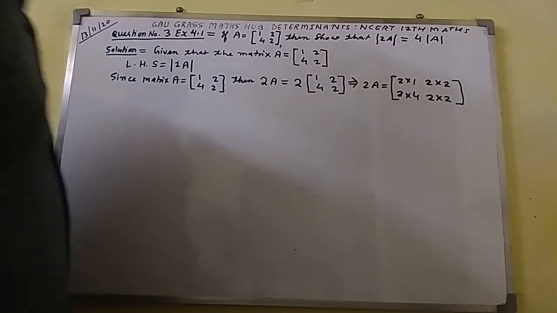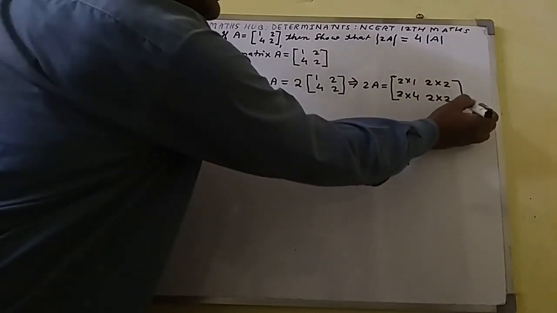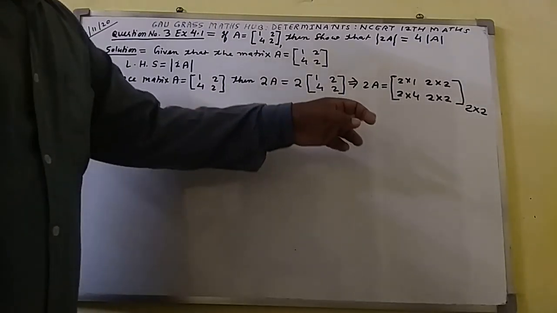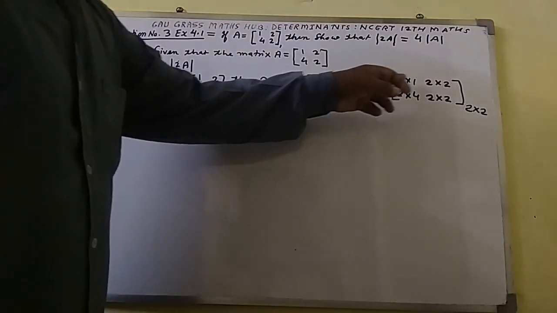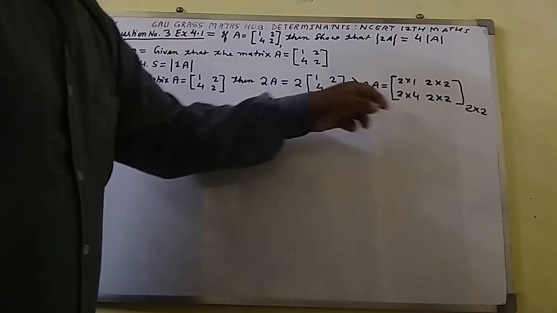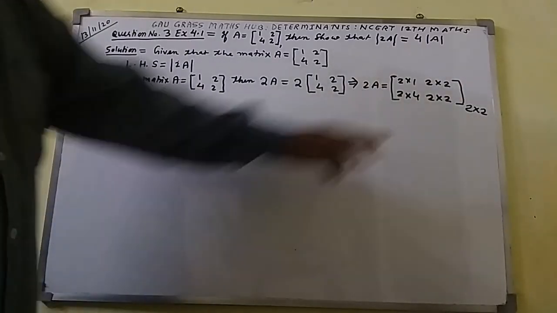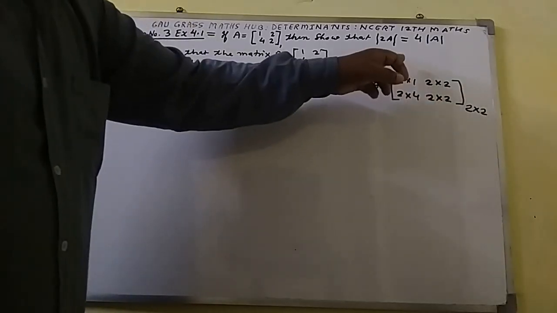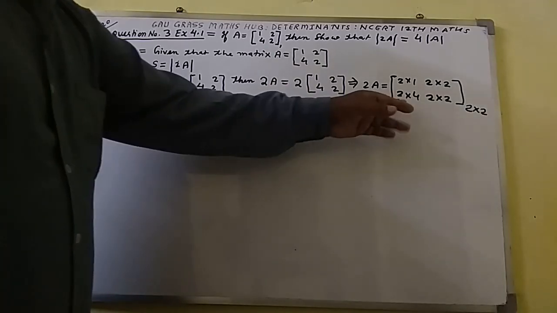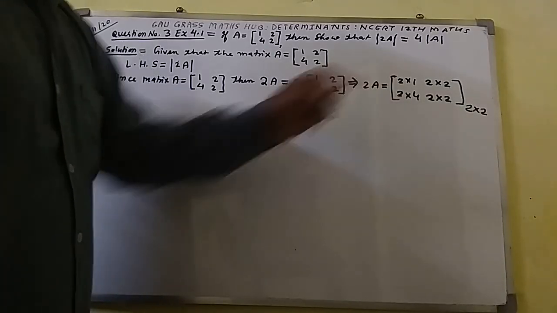So here you have got a matrix of order 2 cross 2. Why 2 cross 2? Because there are two rows, first row and second row, and also two columns, first column and second column. That's why this is a matrix of order 2 cross 2.